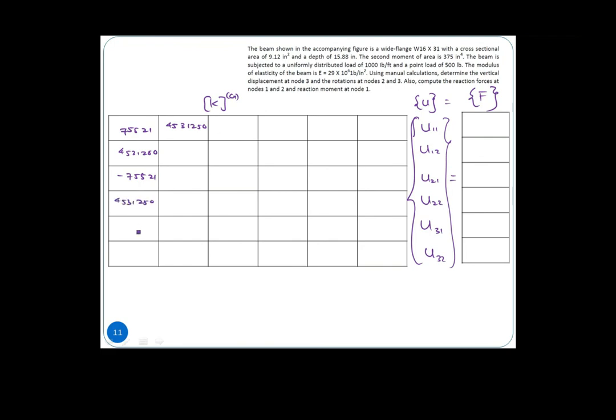Then here we have 0, 0, right? Then we have 3625, negative 4531250. Then we have 18125.